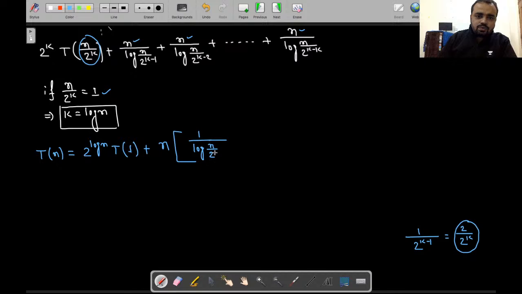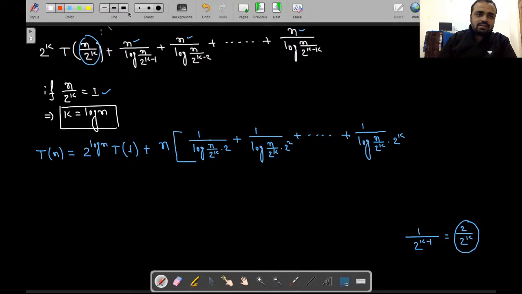n by 2 to the power k into 2, yes or no, plus again it will be 1 by log of n by 2 to the power k into 2 to the power 2, because it is minus 2. Similarly it will become 1 by log of n by 2 to the power k into 2 to the power k.